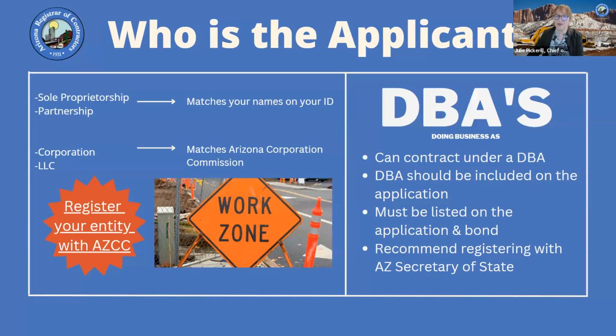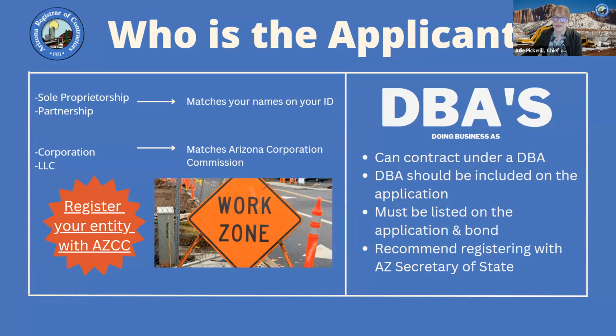The sole proprietor name is your name on your ID. Whether that's a passport or an Arizona driver's license or South Dakota driver's license, that's the name of your sole proprietorship. If you're a partnership, then that might be 2 people. That would be the name of the partnership.